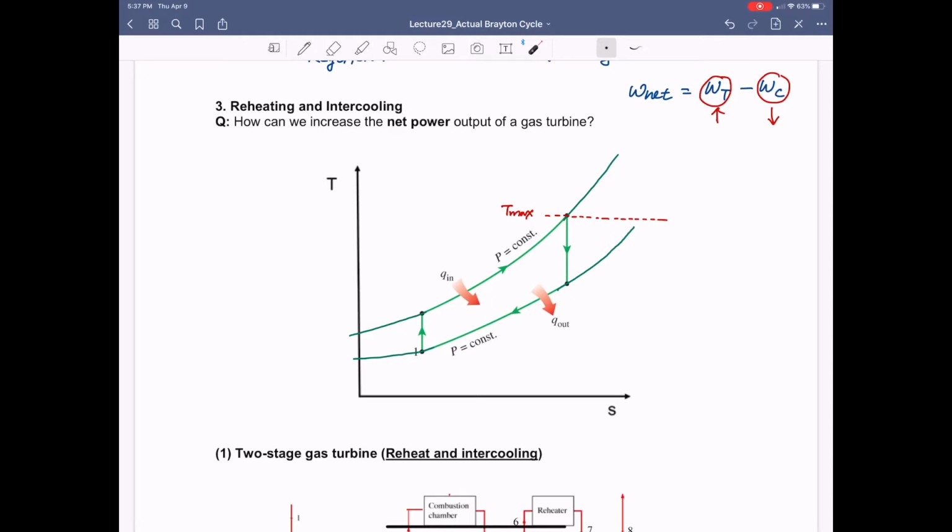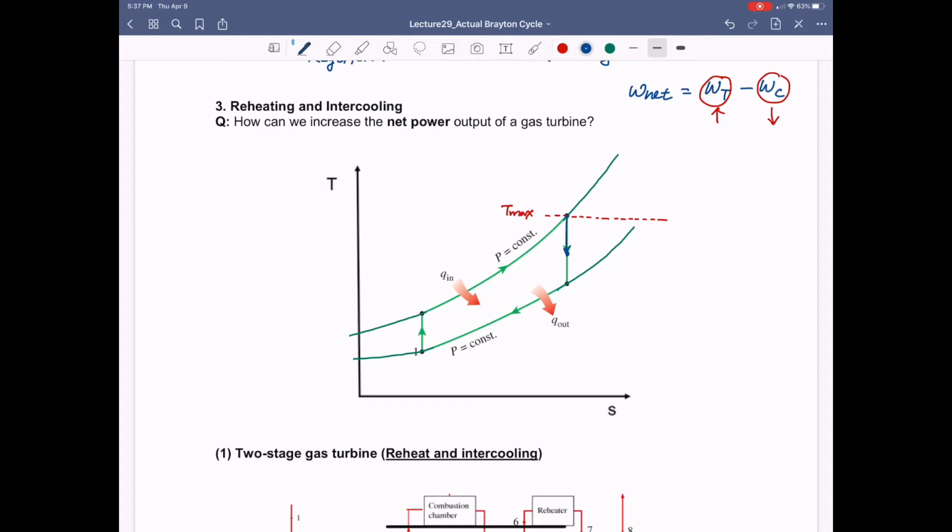What if we have an additional turbine? And what if we have a secondary combustion chamber? So now instead of having one big turbine, from this point all the way down to this point, so that is what would happen if we have only one turbine. But what if we have two turbines? Such that the first turbine only has expansion from this point to a certain point in the middle.